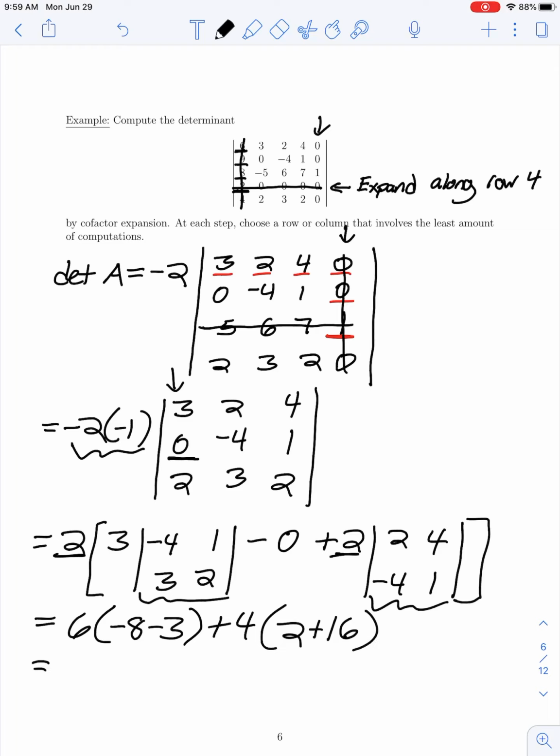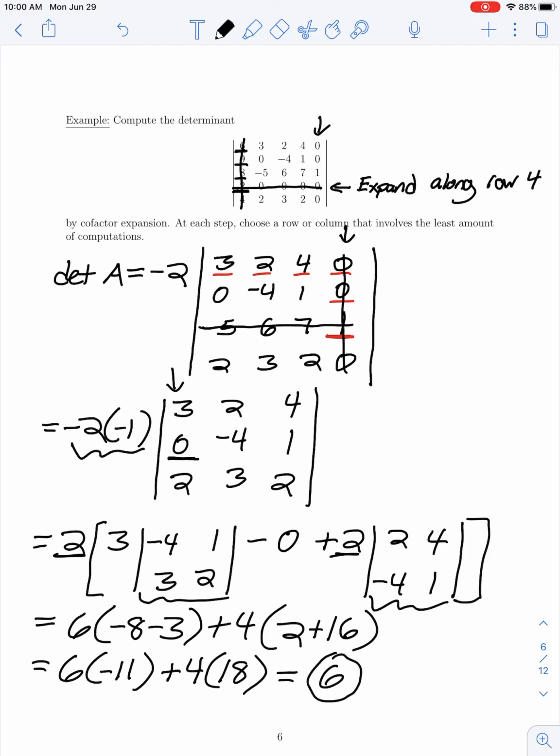And so let's see what we're left with. We have 6 times a -11, and then plus 4 times 18. So that's -66 plus 72, which leaves us with 6.